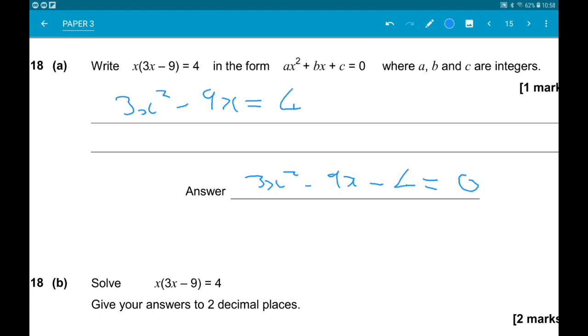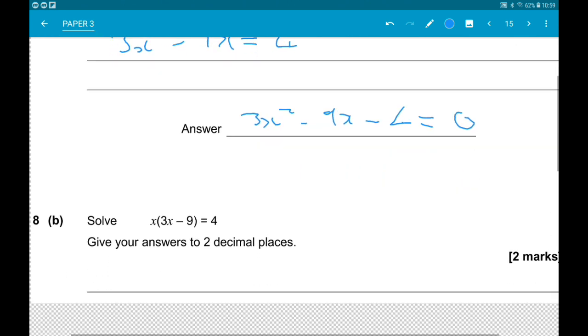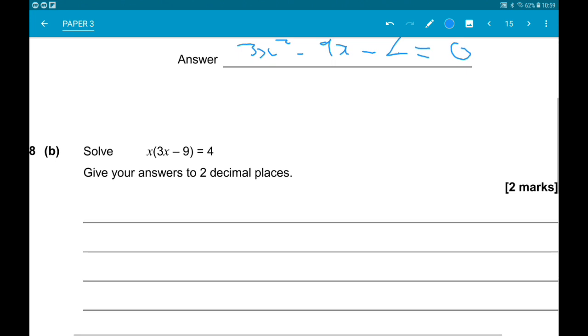Part B then wants us to solve the equation. So the reason that we've done what we've done in part A is it's quadratic. We always solve quadratics equal to 0. So we're actually solving 3x squared minus 9x minus 4 is equal to 0.